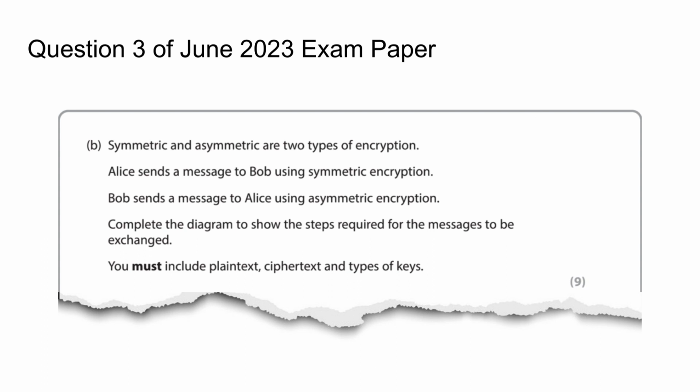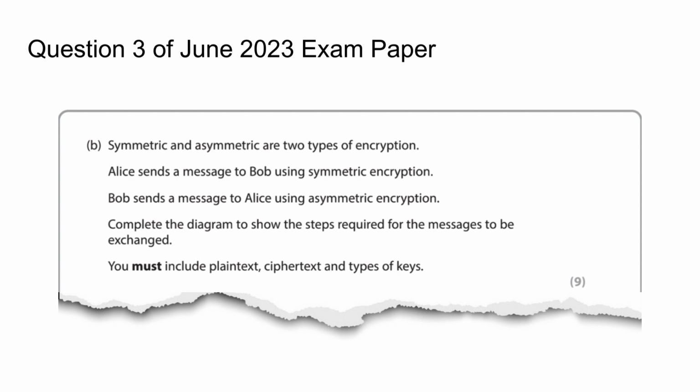Okay, so symmetric and asymmetric are two types of encryption. Alice sends a message to Bob using symmetric encryption, but Bob sends a message to Alice using asymmetric encryption. Complete the diagram to show the steps required for the messages to be exchanged. You must include plain text, ciphertext, and types of keys.